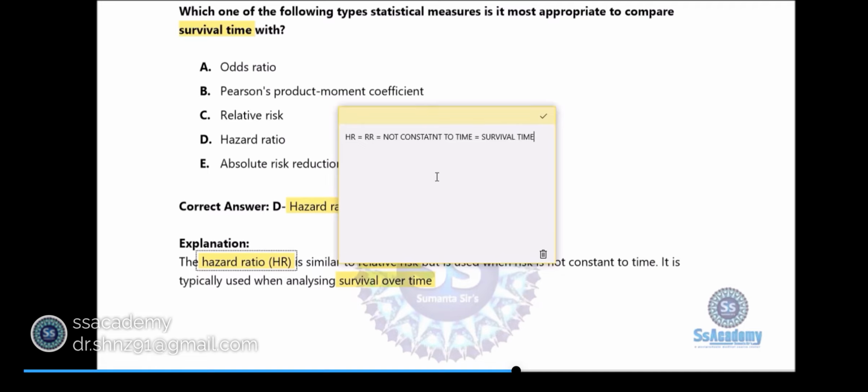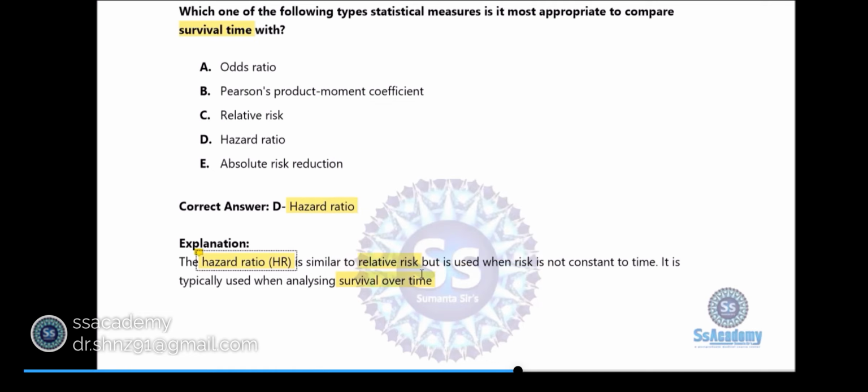So the hazard ratio, HR, is survival time.